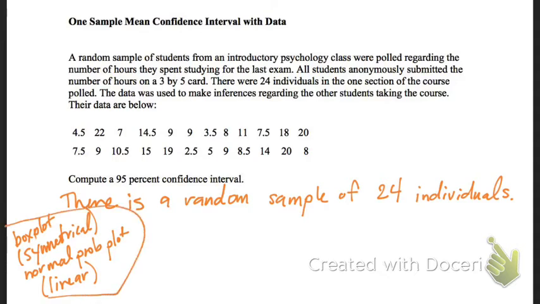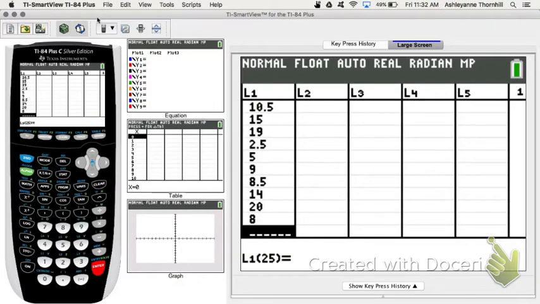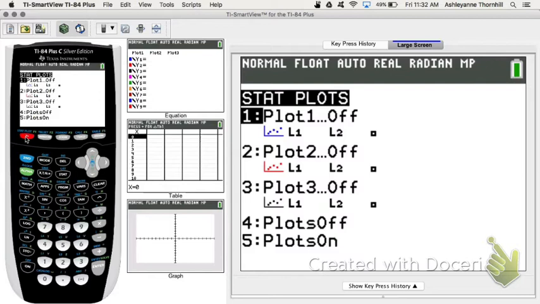These are just little notes out to the side. So what I'm going to do, I'm going to pull my calculator over to the side. So what we want to do now is we have our data in list 1. And I'm going to make, let's do a normal probability plot.